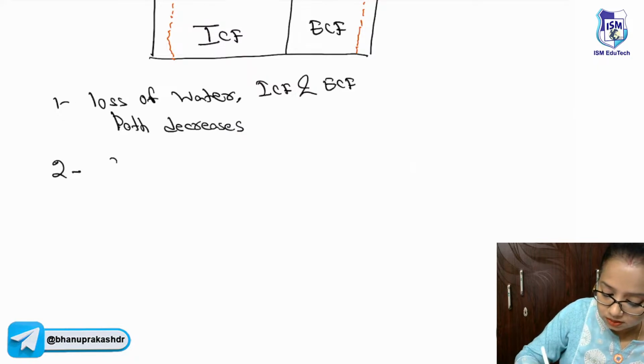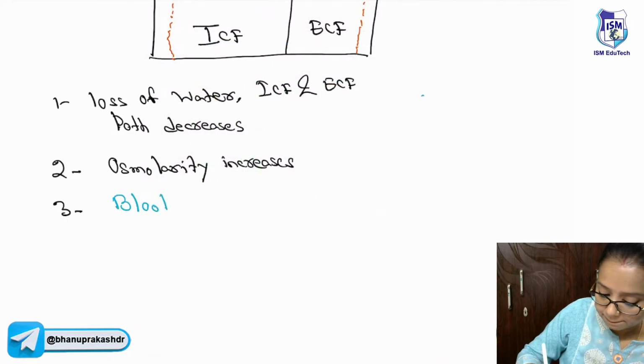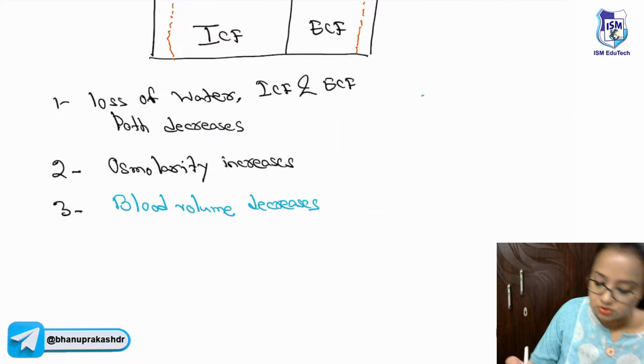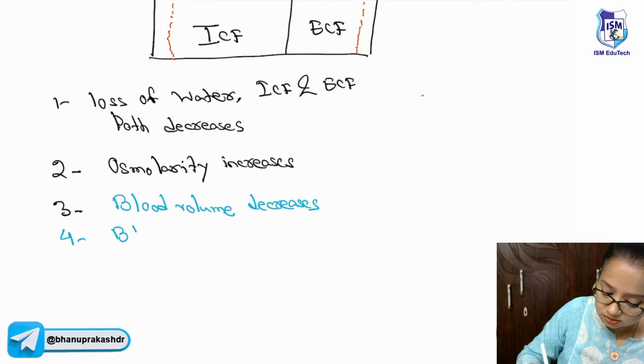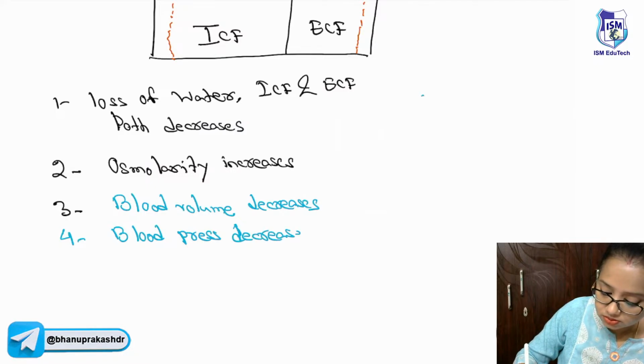Okay, osmolarity increases and the blood volume decreases. So if blood volume decreases, obviously the blood pressure also decreases.